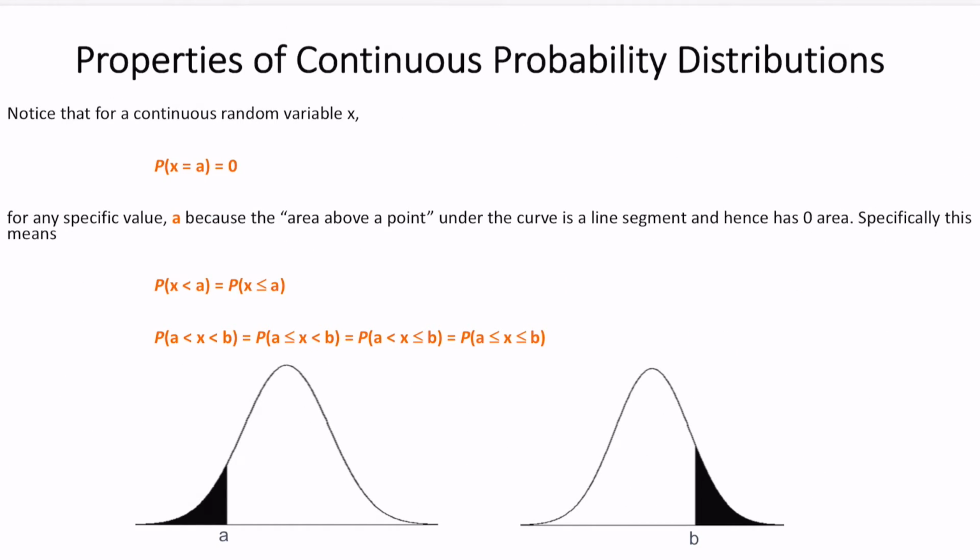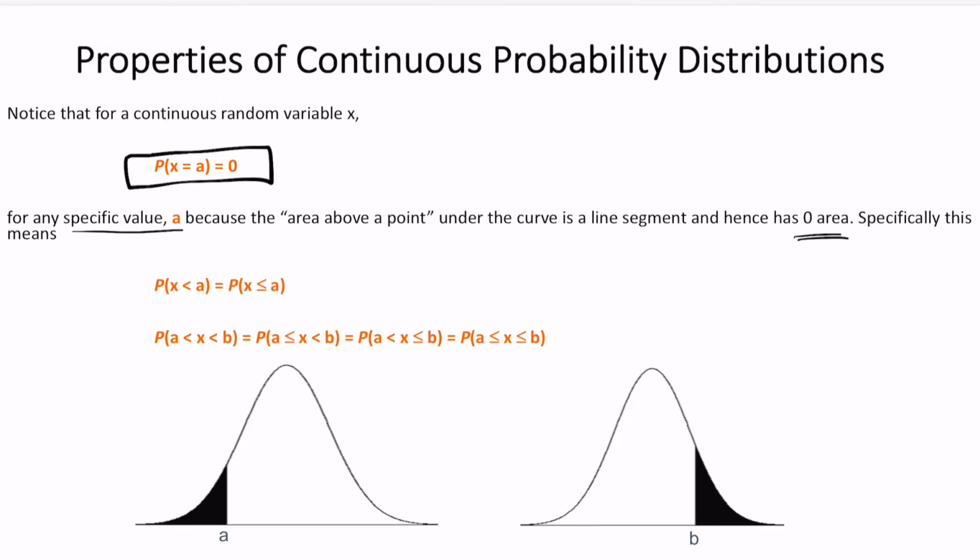Now what are the other things? The probability of one single specific value is always equal to 0, because you cannot have a single value when you have a continuous probability distribution. So for any specific value of A, the area will always be equal to 0.